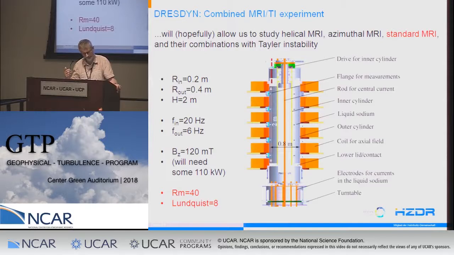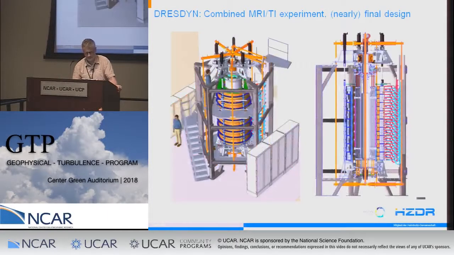You have to have a large Hartmann number in the order of 1,000. But we would like to have also a central current through the middle so that we can start from the well-known regime of helical MRI and then crank up Reynolds and Hartmann and go down with the B phi in order to try to reach the realm of standard MRI too.